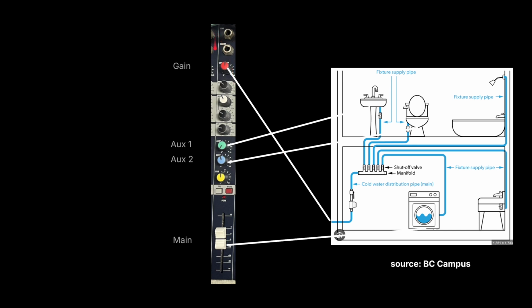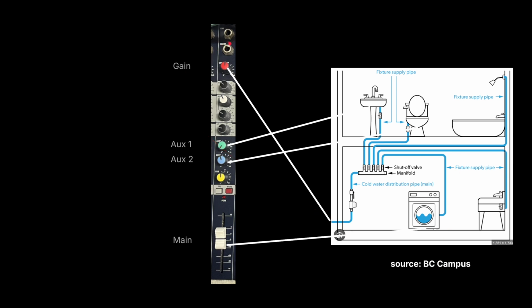If you look at the gain, here's a very famous example of a house water supply. The gain is like the main water pipe source of the house. Right. So then, for example, aux 1 would be the sink, aux 2 would be the toilet, and then the main speaker would be like the washing machine, for example. Right. Then if you reduce the gain, the house water supply will overall decrease.